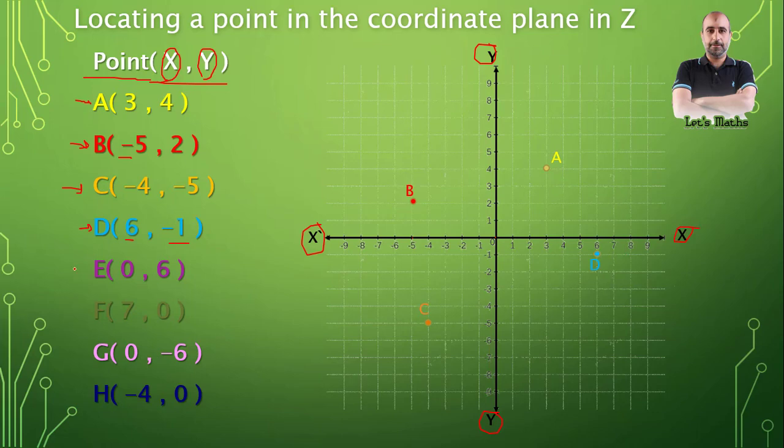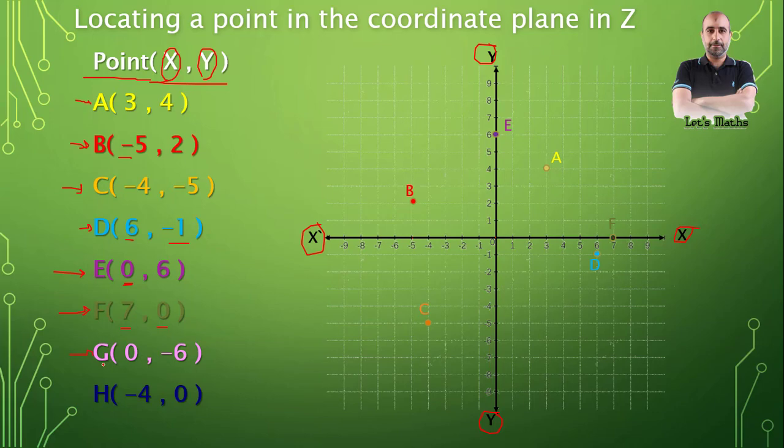E intersects x at 0 and y at 6, which is here. That's E. And F intersects the x-axis at 7, and the y-axis at 0, which is here. And that's where F is.